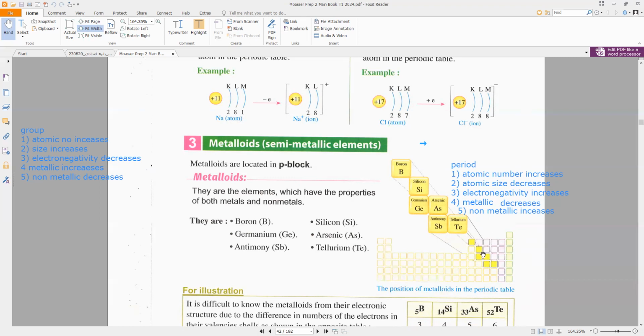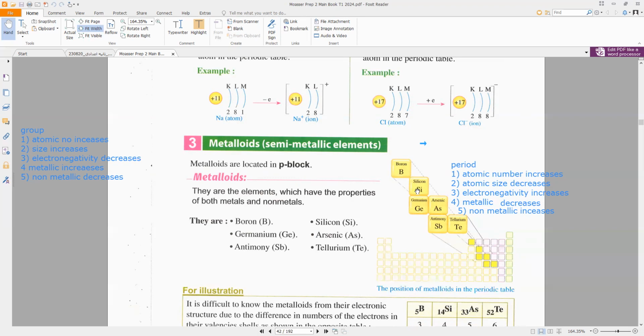These have properties of both metal and non-metal. They have most of the properties of metals, but some properties of non-metals. There are only six of these elements: boron, silicon, germanium, arsenic, antimony, and tellurium.